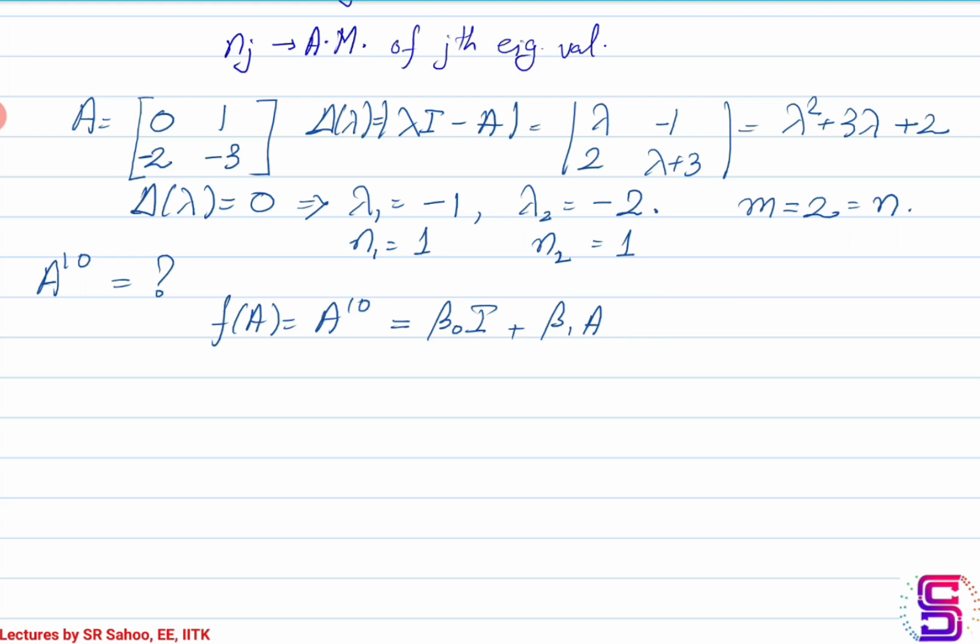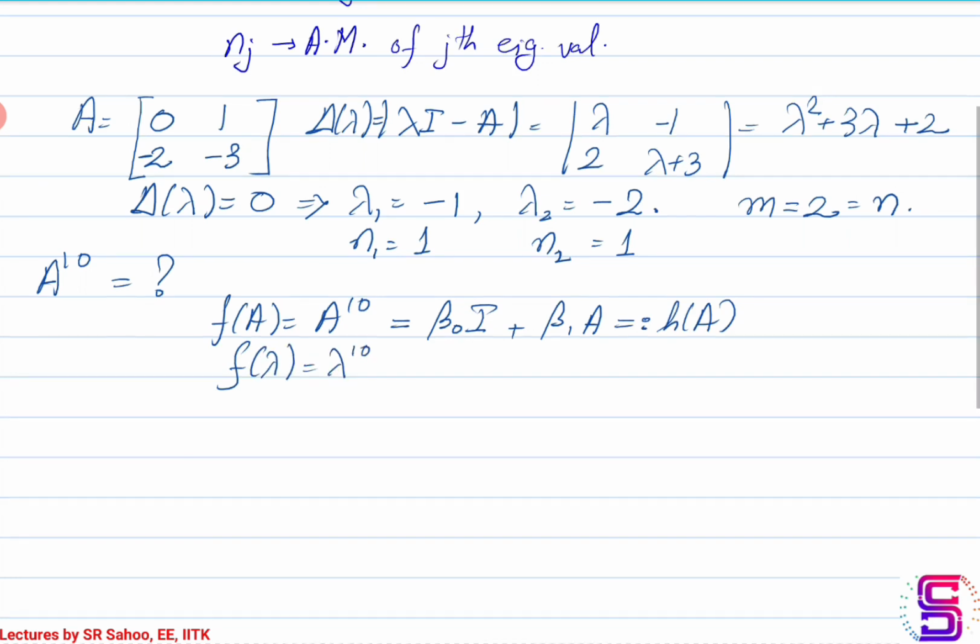So this is what we have, and this is h of A. Essentially f of lambda is lambda power 10, and h of lambda is nothing but beta 0 plus beta 1 into lambda.